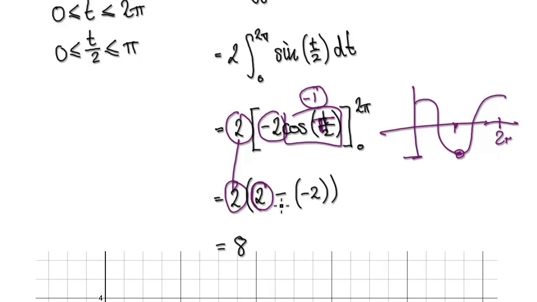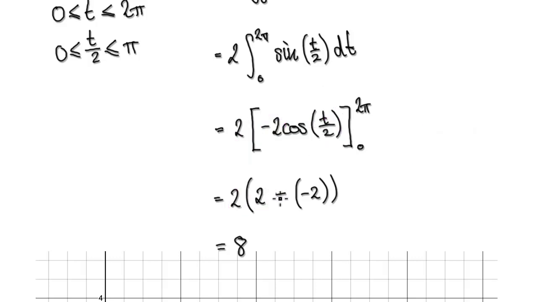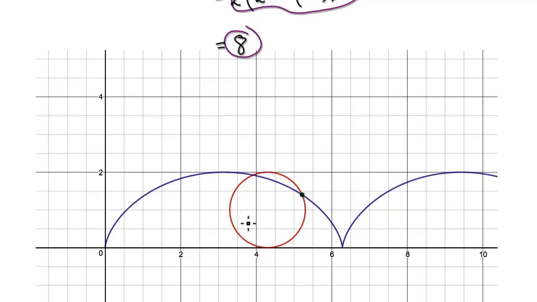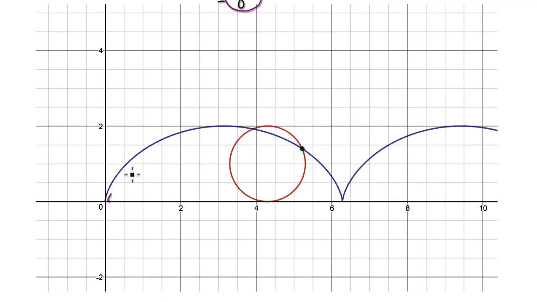So that will give us positive 2, and then we've got to take away, and put 0 into here. 0 divided by 2 is 0. This block here will become 1. 1 times negative 2 will be negative 2. The whole thing here will then become 8. So the arc length of the cycloid is 8. Okay.